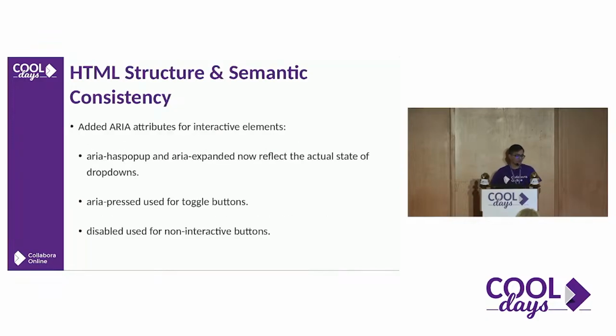We can also add properties like aria-haspopup and aria-expanded, to say whether there are any pop-ups or not. This also helps the screen reader define what exactly is on the screen right now, and what needs to be told to the user.